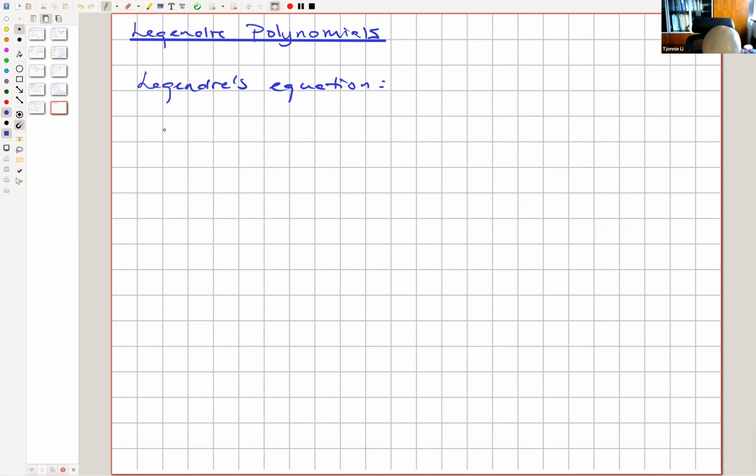So it's a differential equation, and it should be 1 minus x squared y prime prime minus 2xy prime plus n times n minus 1 y equals 0. Okay, so indeed Tom's solution is correct. He writes lambda there. You can show that you can actually force this lambda to be n times n minus 1. But that's detail.